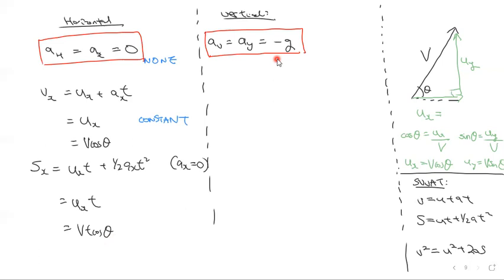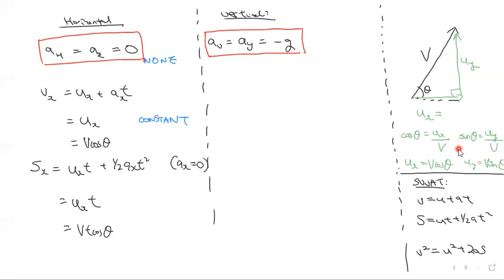Without any problem, you can always, based on your theory, say that there is no horizontal acceleration in projectile motion, and that the vertical acceleration is always downward with a magnitude of g, which is 9.8, or often they round it to 10. You'll be guided by the question as to what number they want you to use for g. I'm just going to keep it as g here, because sometimes you use 9.8, sometimes you use 10.